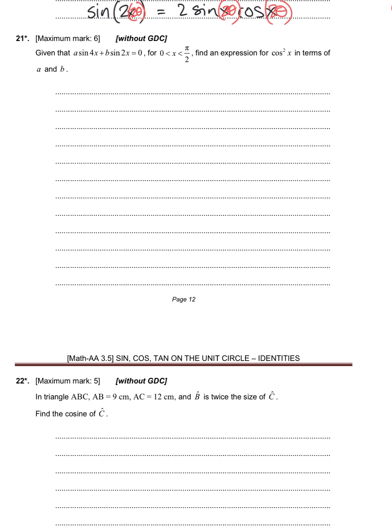All right, given all of that, find an expression for cosine squared in terms of a and b. Okay, this is very similar to what we just did. So we're going to have a 2 sine 2x cosine 2x plus b sine 2x equals 0.